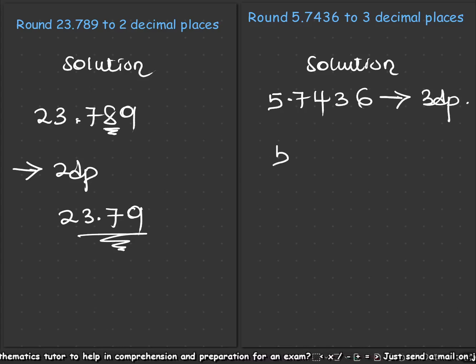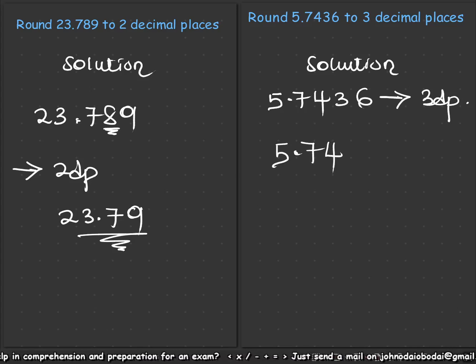So it becomes 5.74. We said let's identify the number at the decimal place we want to round to, and that is 3. So this is the 3rd decimal place. After which we look at the digit that comes after it. In this case, the digit that comes after it is 6.